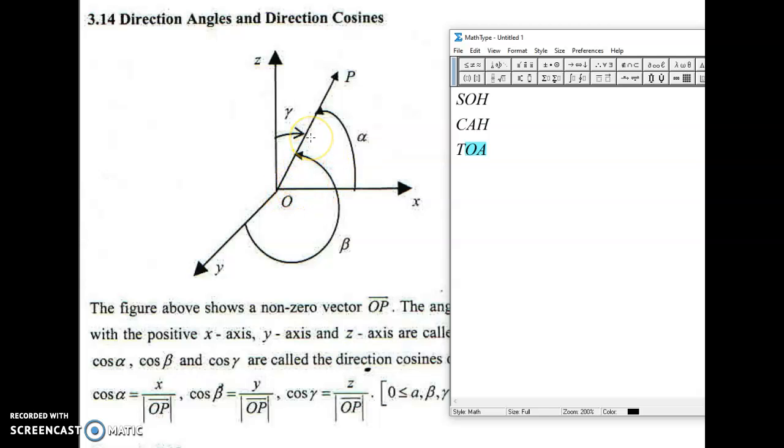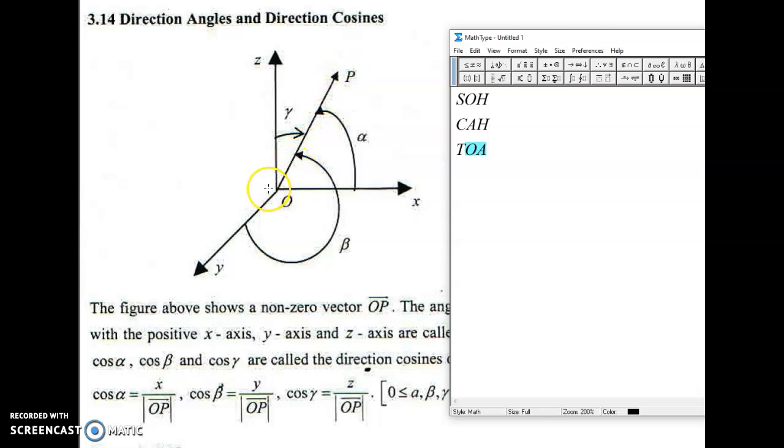So let's look at this graph and determine what kind of information we can have here. If we were to find the angle, let's look at x here. What information can we have from this?